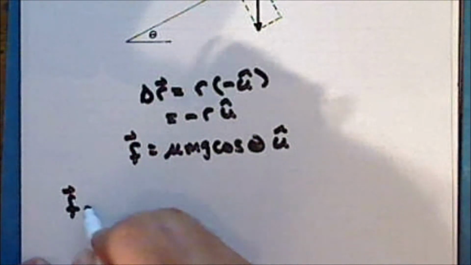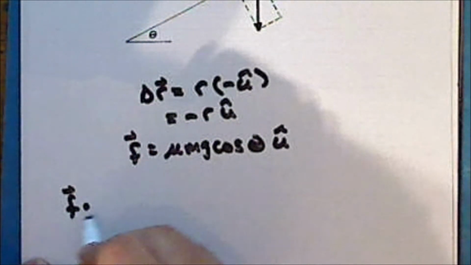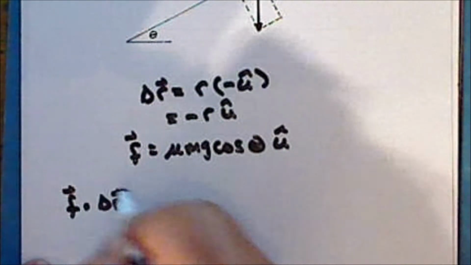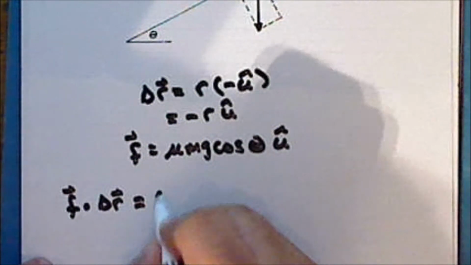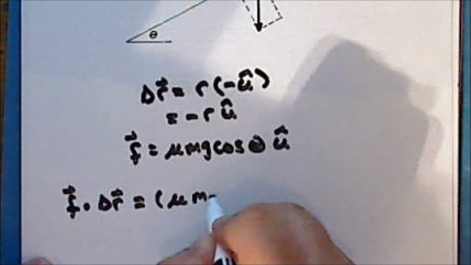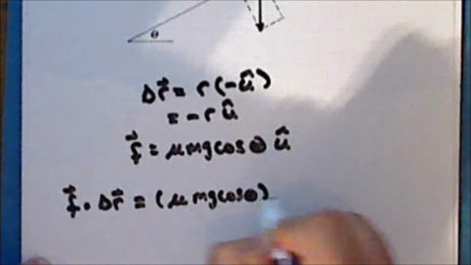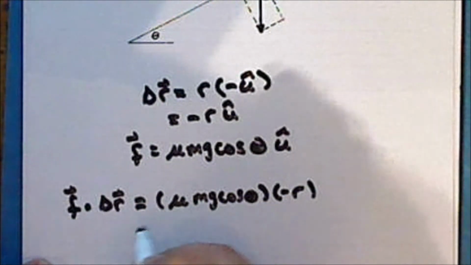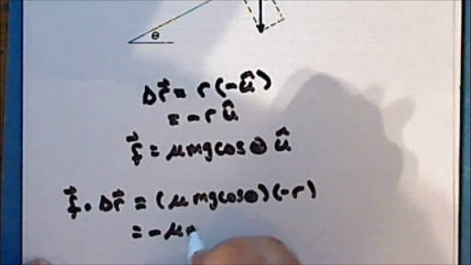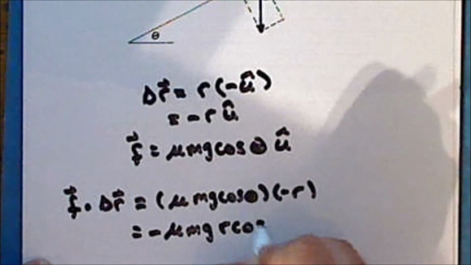So the dot product of the force of friction with the displacement vector is mu mg cosine theta times negative r, or negative mu mg times r cosine theta.